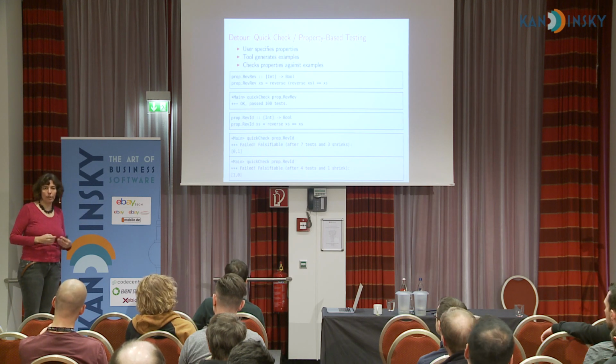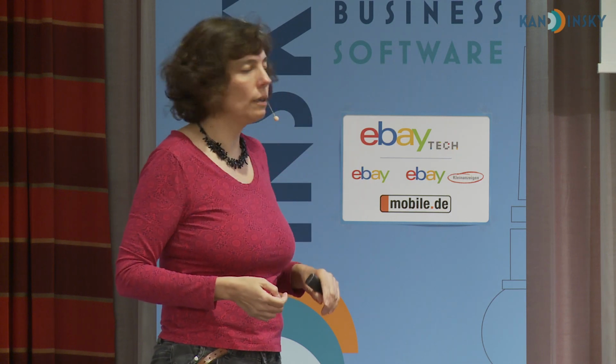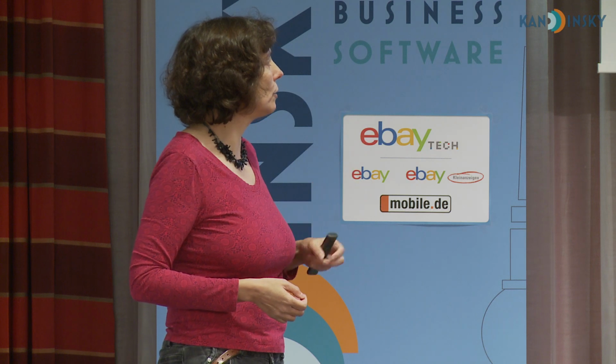And that's a very helpful thing because then your counterexamples are really minimal. And what you can then do is write a standard unit test with this example, fix it, and then you can be sure that this specific example will never occur again because you have the specific unit test for it.